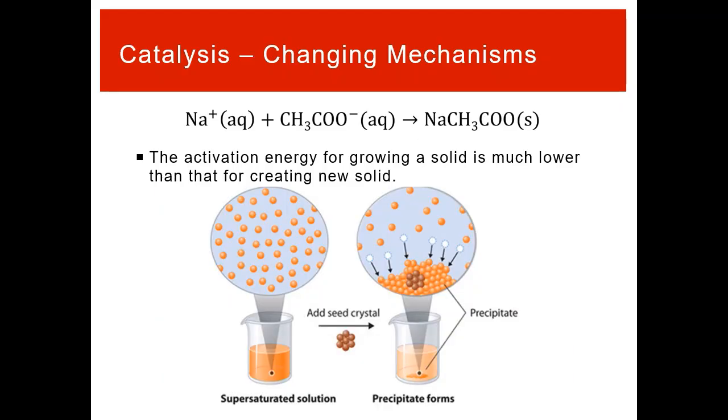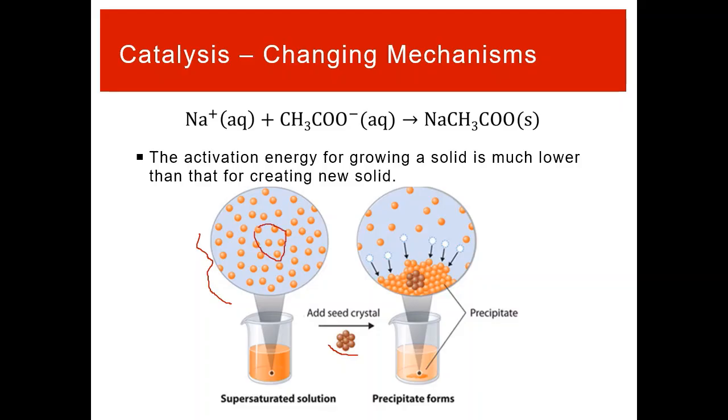When you have just a supersaturated solution, you have these ions floating around in solution, and in order for them to form a solid, you would have to go from ions to creating a new solid crystal. There's a really high barrier to going from isolated ions to all coalescing together into a solid. That's really difficult. So if you add a catalyst, just a piece of solid, you're changing the mechanism.